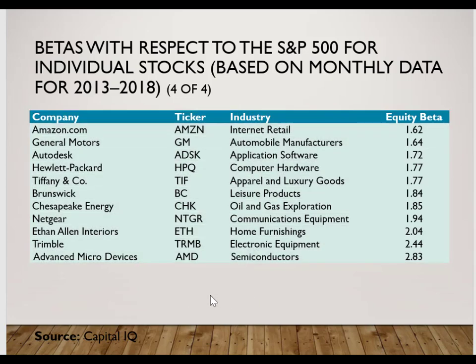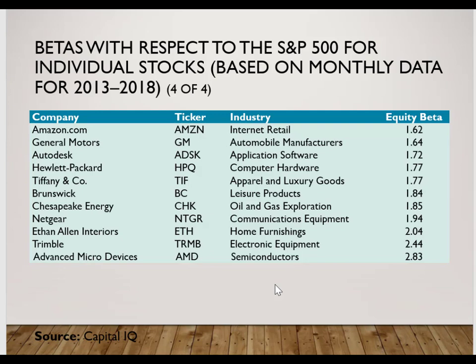Then we can actually get some pretty high numbers. Chesapeake Energy 1.85, Hewlett Packard 1.77, General Motors 1.64, right? So as you can see, these numbers obviously vary, right? The higher the number, the greater the risk.